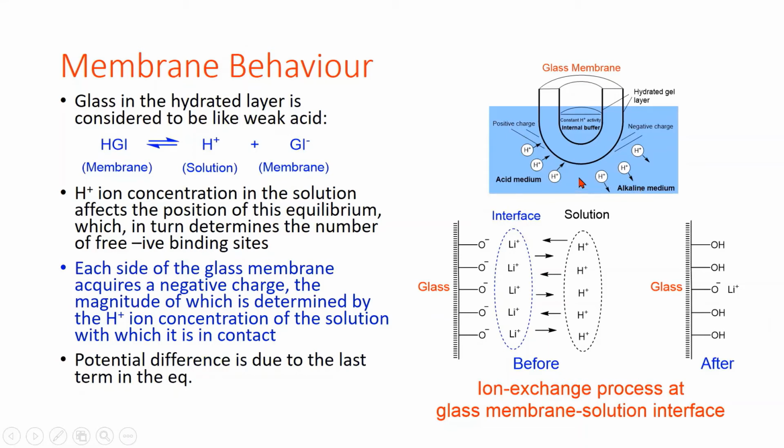Potential difference is due to the last term in the equation. Potential is given by E naught minus 0.0591 log of chloride ion concentration plus 0.0591 log of H ion concentration outside divided by H ion concentration inside.